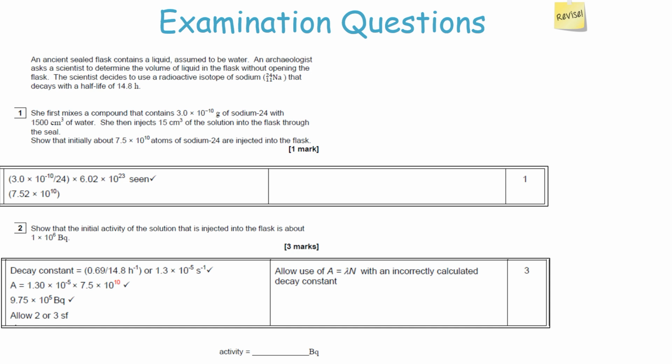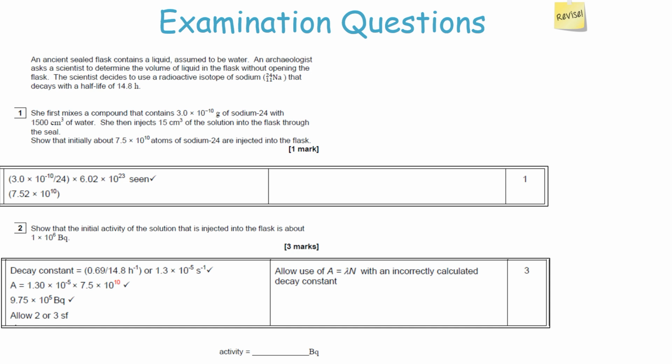So therefore we now know what our decay constant is, and then we know that activity is going to equal the decay constant times the number of atoms, because we know A is equal to lambda N. In the previous question we worked out the number of atoms, which was 7.52 times 10 to the 10.